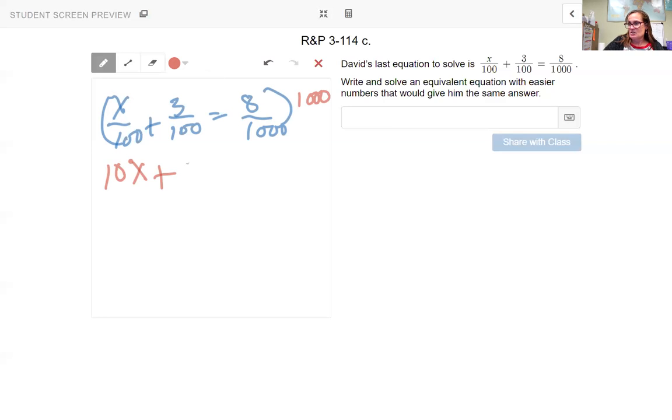So 3 times 10 is 30 equals 1,000 divided by 1,000 is 1, so that's just 8. All right, so now we're going to subtract 30 from both sides. Minus 30. 8 subtract 30 is negative 22. 10x equals negative 22. Now we divide both sides by 10.